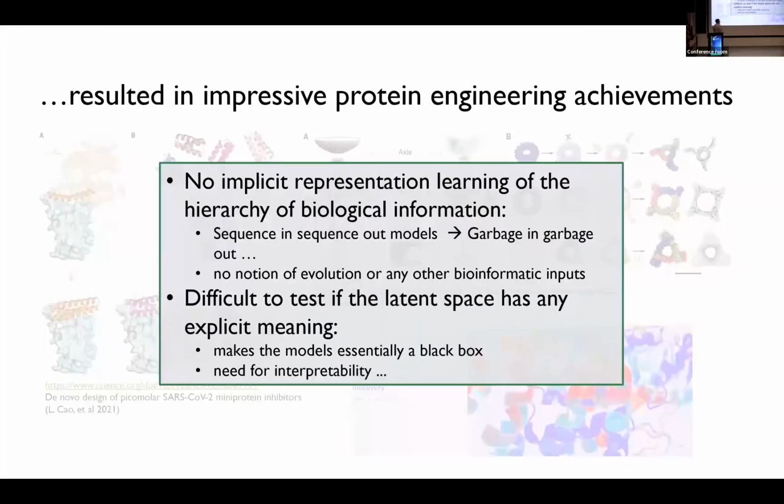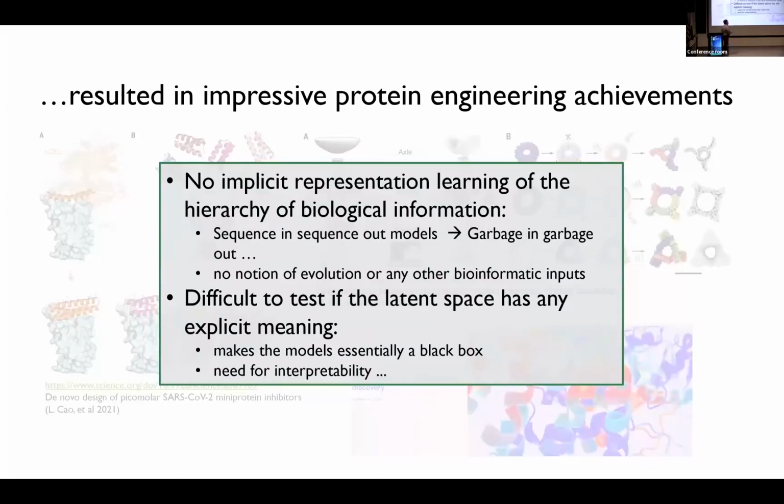So unfortunately, the issue with this is that the implicit representation learning of this doesn't pay attention to what we understand from the biological hierarchy. I've been stressing about using nucleotide information and so on. And the idea is that if you put in a sequence, it's going to give you a sequence out. But that also means that if you put a garbage token in, it's going to give you a garbage token out, right?